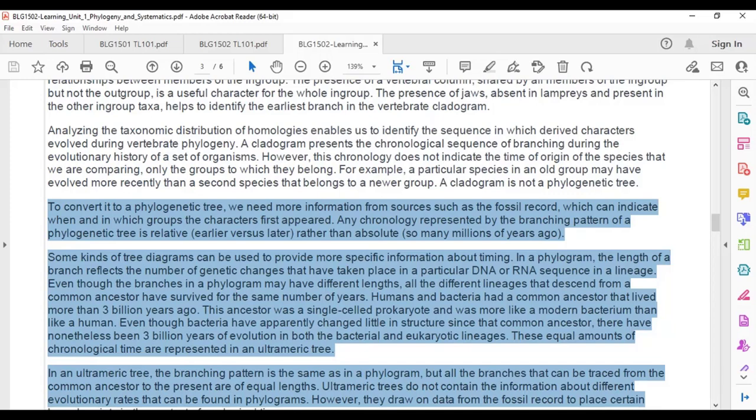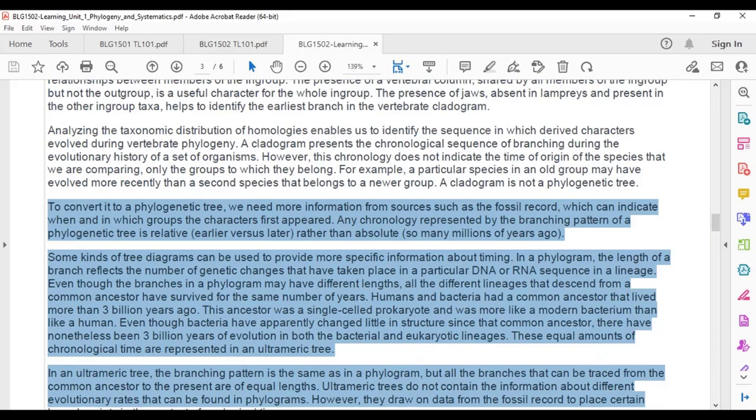Remember when we talked about the fact that in the cladogram the groups are not differentiated with time, when we were talking about chronological order, that this branching during evolution is registered, but the chronology does not indicate the time of origin of the species that we are comparing, only the groups they belong to.